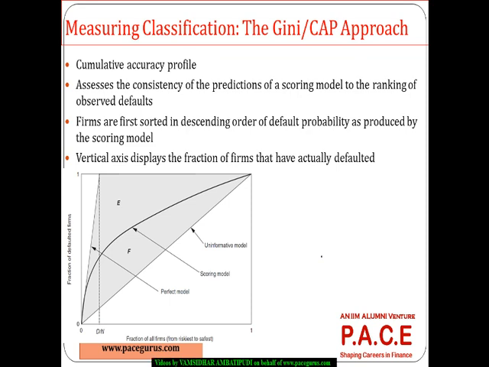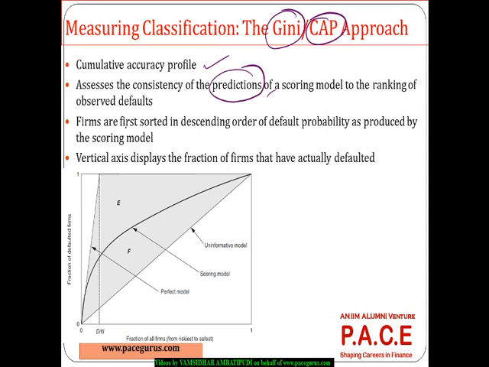Similarly, the next approach that we are talking of for classification accuracy is the Gini coefficient, or the CAP kind of a model. CAP is what we are calling the cumulative accuracy profile. So here I am looking at the consistency of the prediction to rank the observed default.